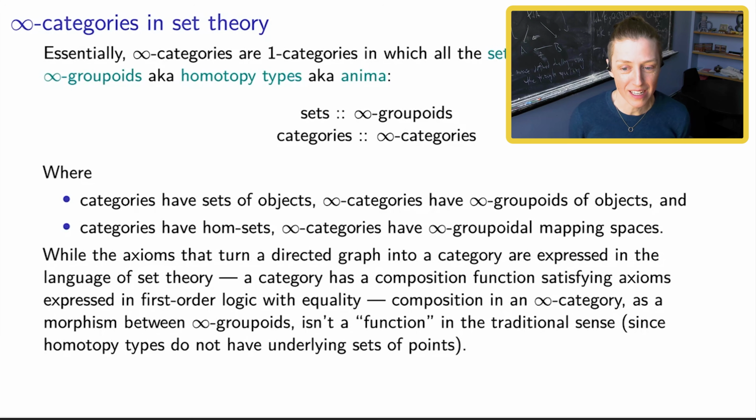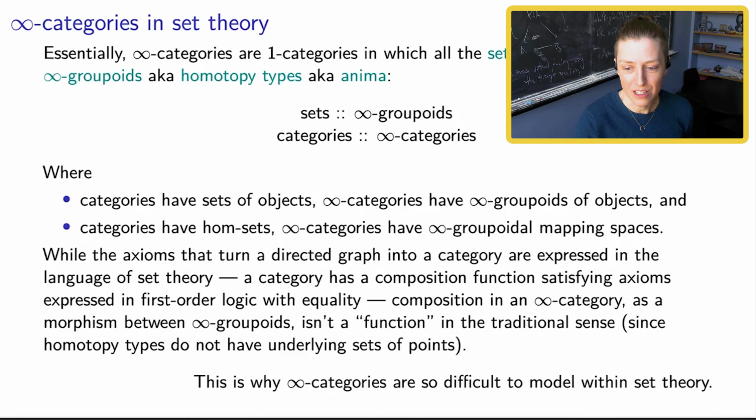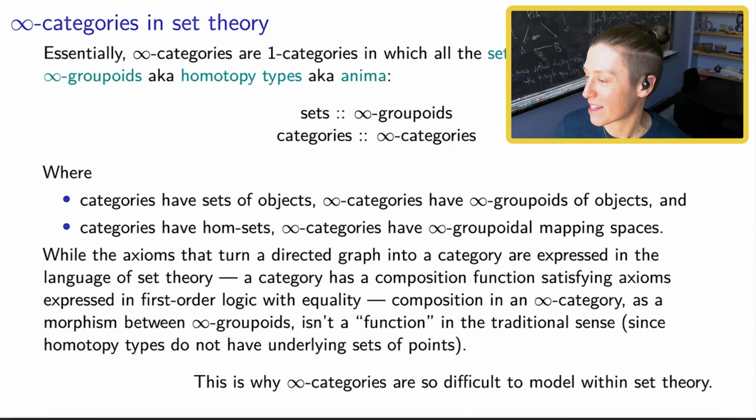So composition in an infinity category, as a morphism between infinity groupoids, is not really a function anymore. Instead, everything is only ever well-defined up to a contractible space of choices, and the traditional foundations of mathematics are just not very well equipped to turning this idea into a precise definition.